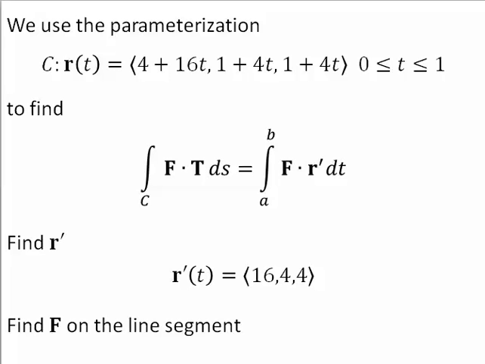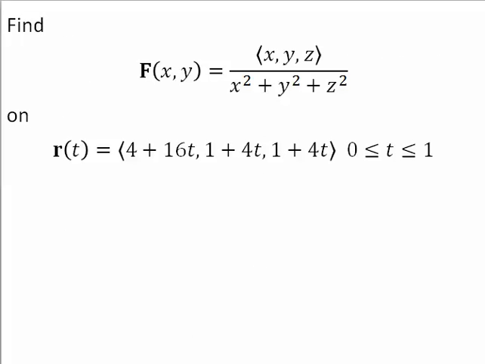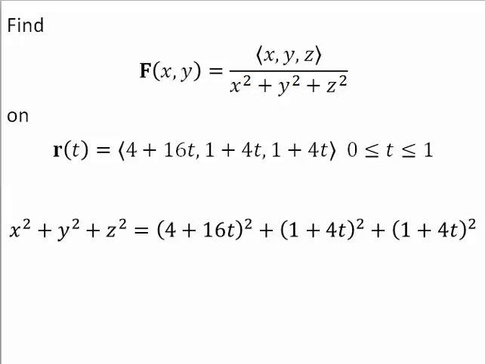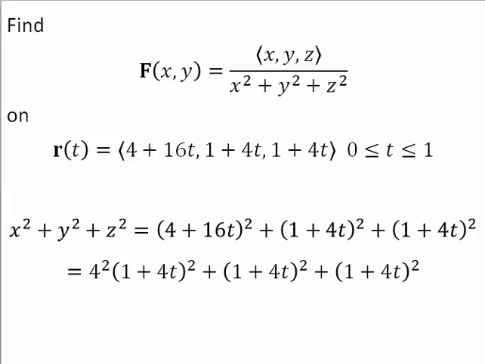And now let's find the force field on the line segment. All right, so we're going to use the parameterization to describe the force field. And let's first work on the denominator, x squared plus y squared plus z squared. All right, just plugging in what x is on the line, what y is on the line segment, and what z is on the line segment. And then a little bit of cleanup.